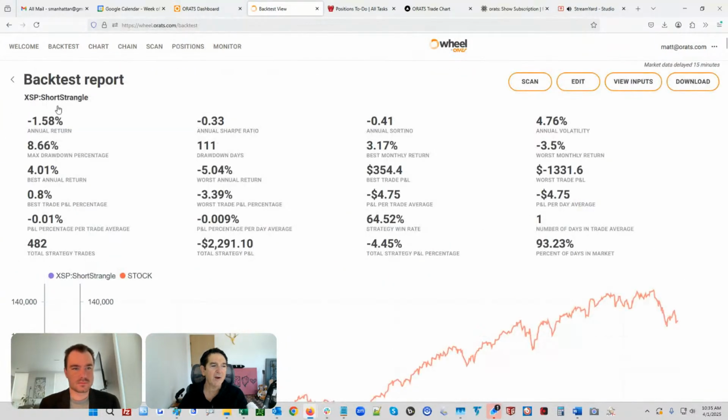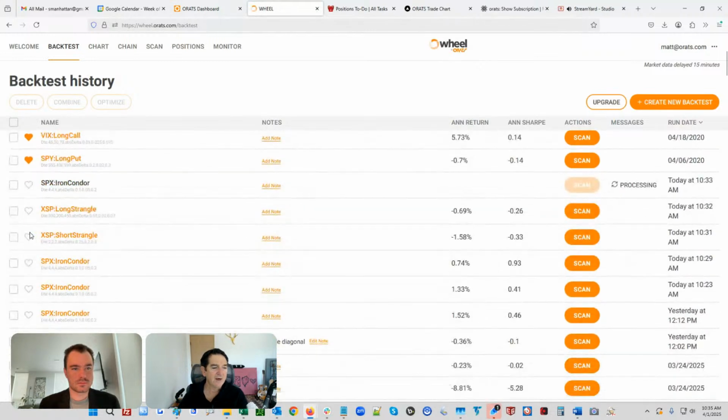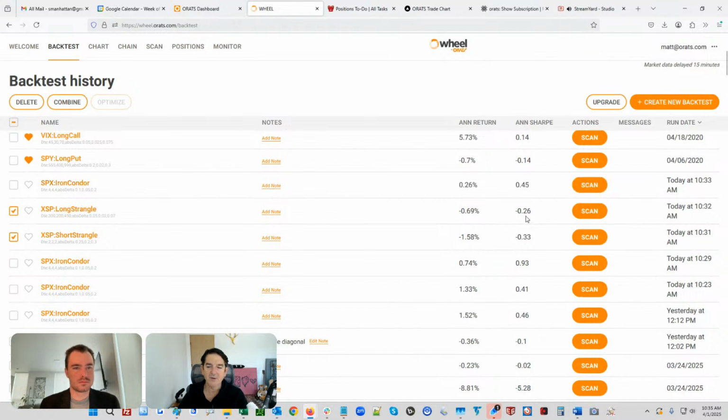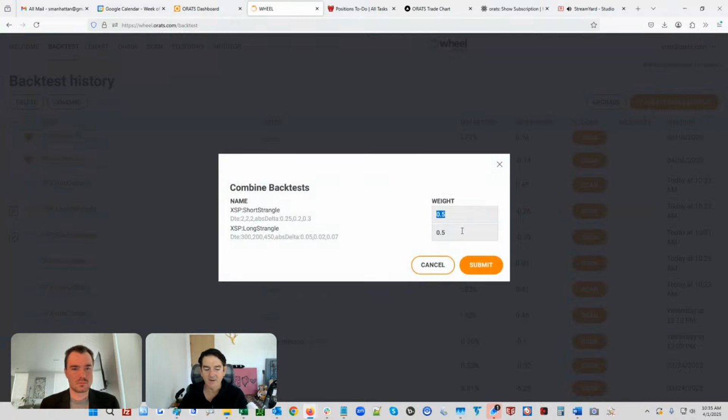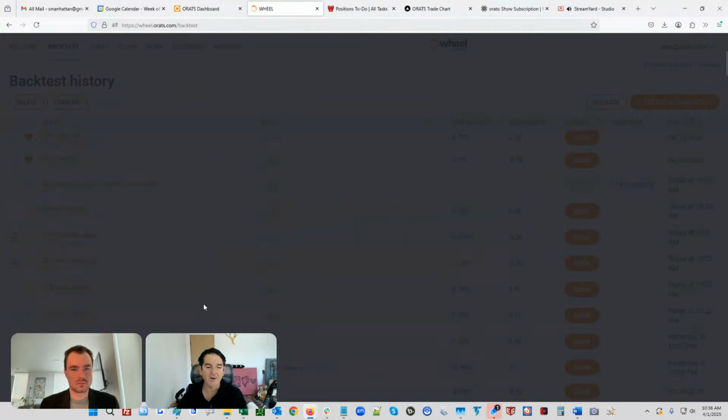If you wanted to combine those two, you could say, okay, I want that short strangle with the long strangle, and the long strangle is supposed to lose money, but the short strangle has been so volatile lately. You could combine these, and I like to do it one by one or half by half, and then submit, and that will run. And you can see how well they combine.